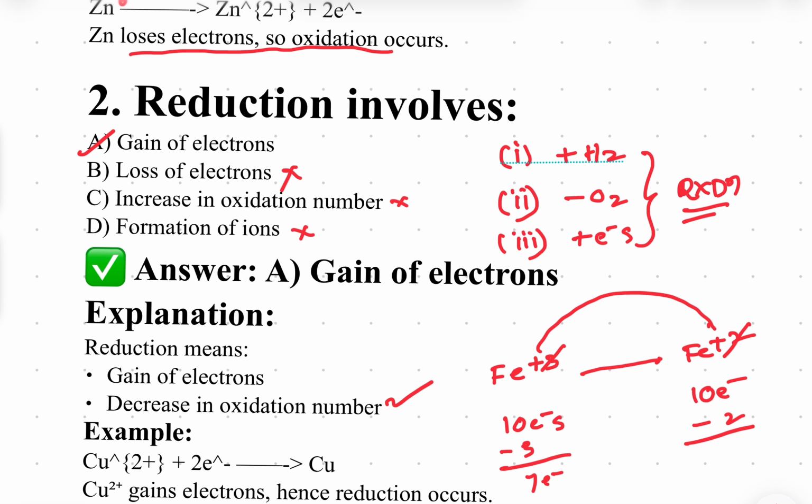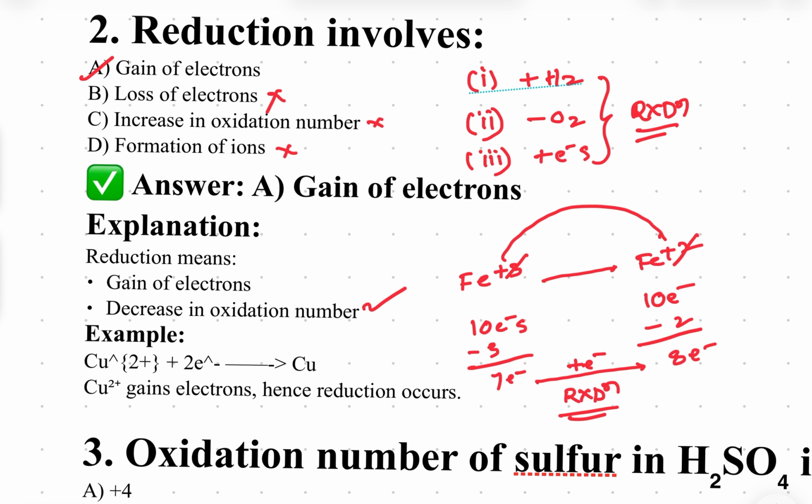So how many are there here? 8 electrons. Now compare Fe plus 3 to Fe plus 2. What happened here? The change is from 7 electrons to 8 electrons. That is nothing but addition of electron. Addition of electron is nothing but reduction. This is a simple concept. So anywhere you have confusion, you can take an example like this and understand easily.